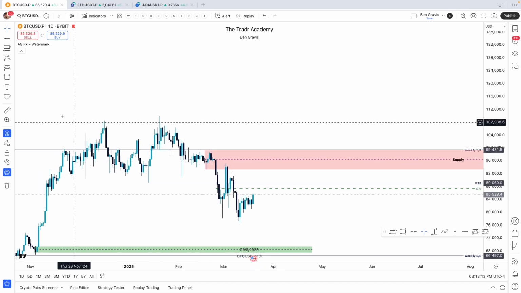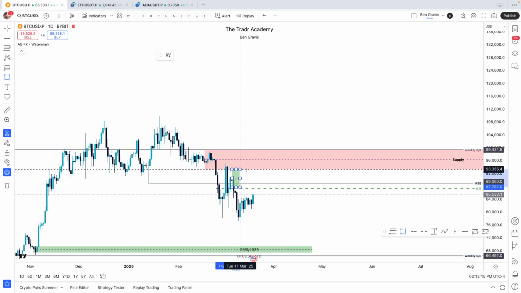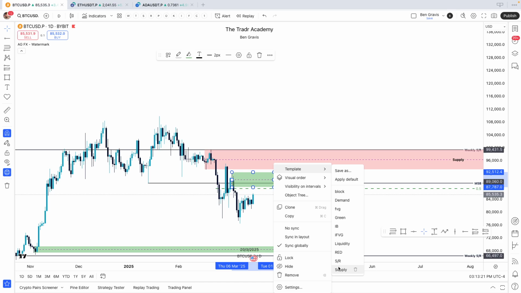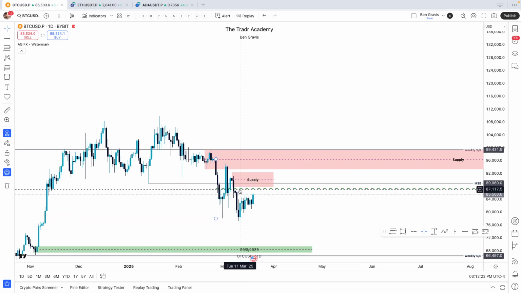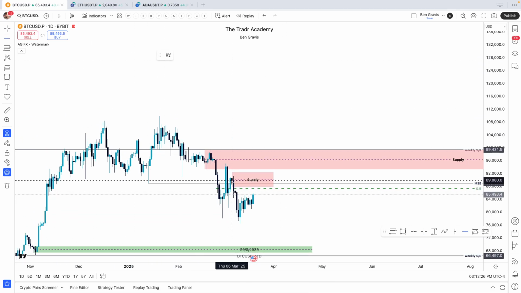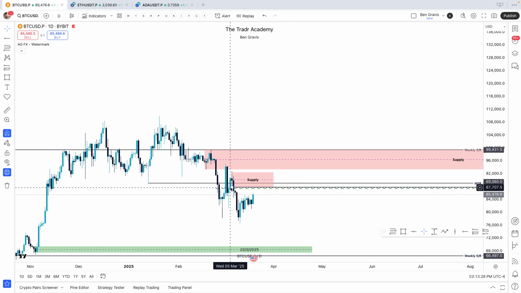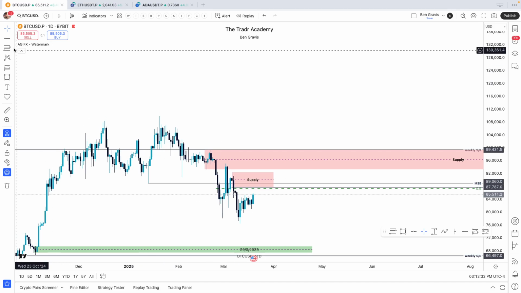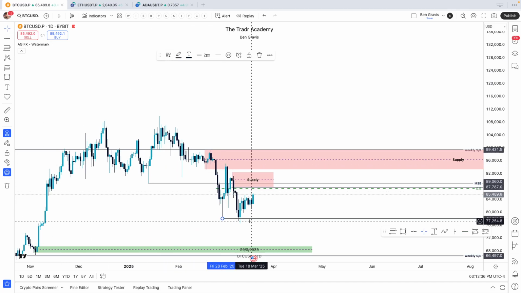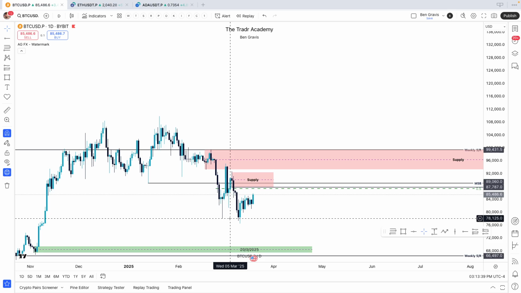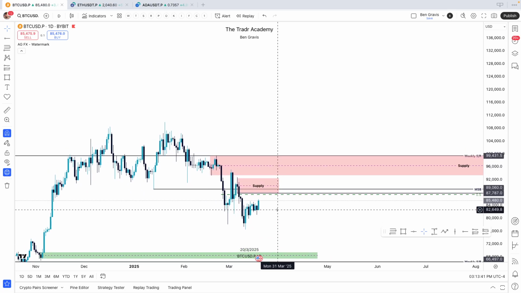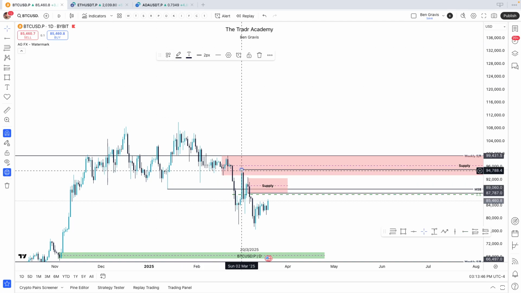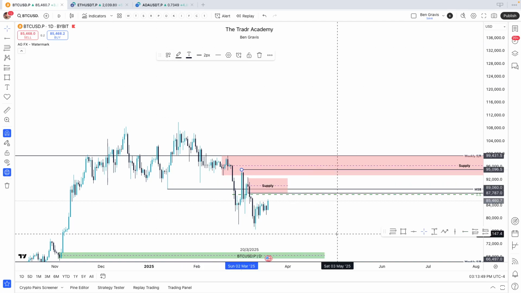This EQ aligns with supply over here. And you have that inefficiency going on, so the fair value gap before the move down and breaking the low here. Do know that we never closed below, but we are still moving in the downtrend. So unless we break this high, we are still in the downtrend, basically.